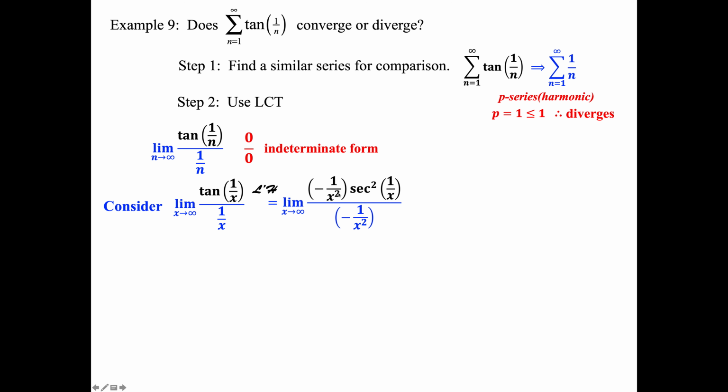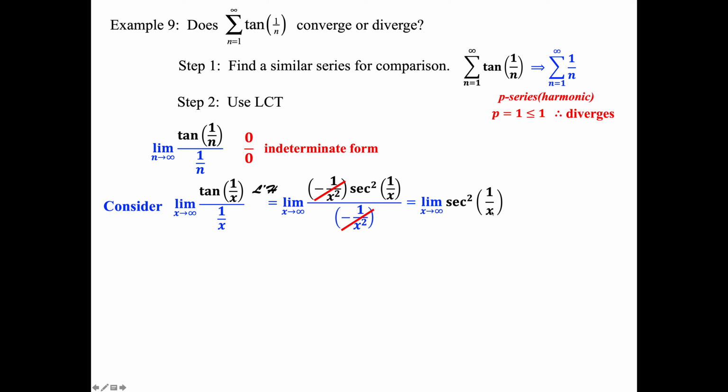So that makes it negative 2, which puts x squared in the denominator. Well, 1 over x is going to be the same derivative as this 1 over x. So we'll put, wait a minute. I just noticed if I've got these two top and bottom here, they're going to cancel out. So now we're looking at the limit of secant squared of 1 over x as x approaches infinity.